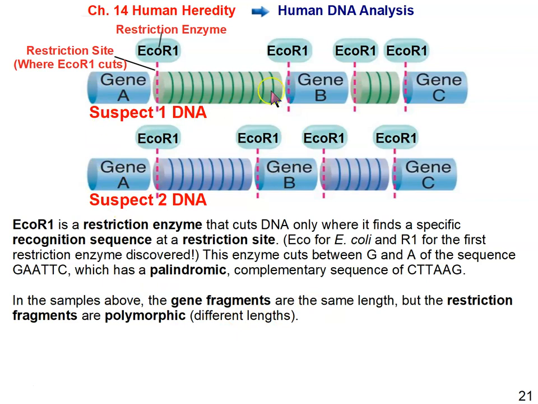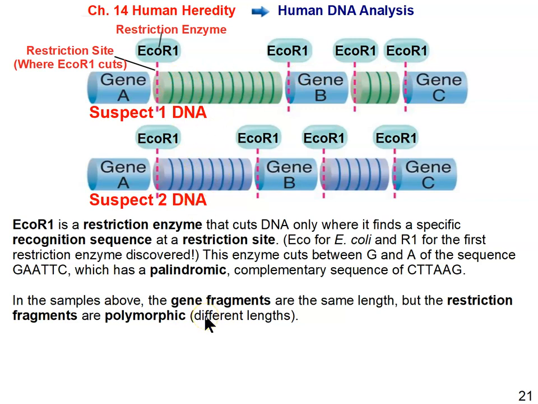So again, you can't use the genes to compare in this method, but you can use the repeating regions to compare. So what we have here are restriction fragment length polymorphisms. These are restriction fragments. Once we cut the DNA up, we have restriction fragments because they were produced by restriction enzymes, and their length differs between individuals, length polymorphisms, right?